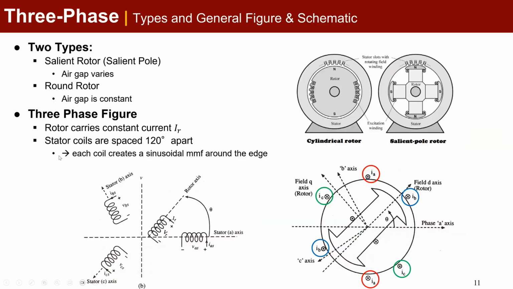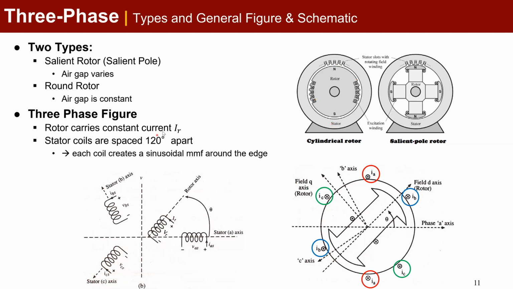And then next, three-phase. With three-phase, we have two types. We have the salient rotor, where the air gap varies, and we see that right here. We see the air gap is varying. It's not constant like it is in the round rotor, where that air gap is constant.